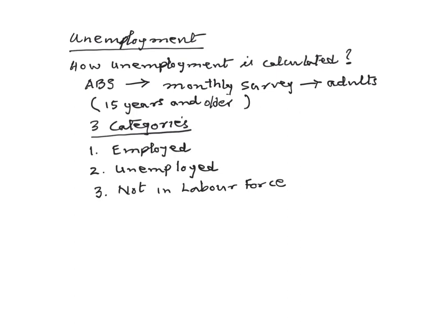Employed: anybody who is 15 years and older and has spent at least 1 hour of the previous week working at a paid job. Unemployed: anybody who is 15 years and older who has been actively looking for work, is temporarily laid off, or is waiting to start a new job.